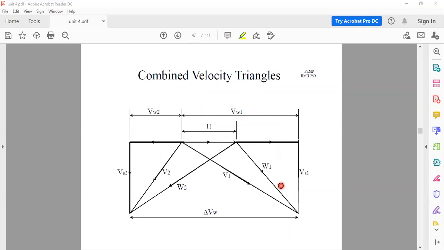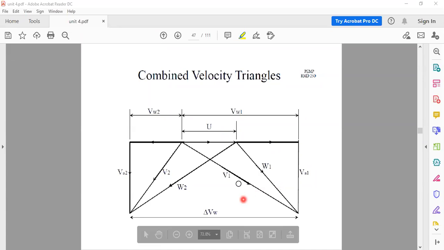Now see the combined velocity triangle, because here the blade speed is the same. So we have combined the inlet and outlet triangles.